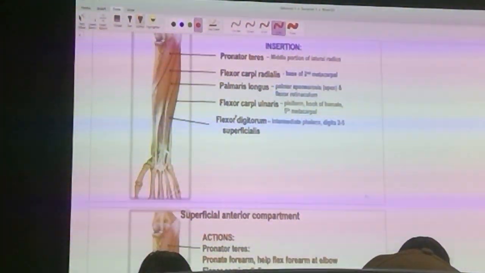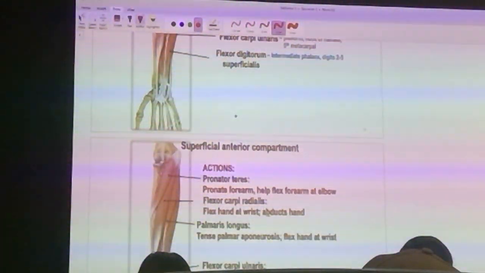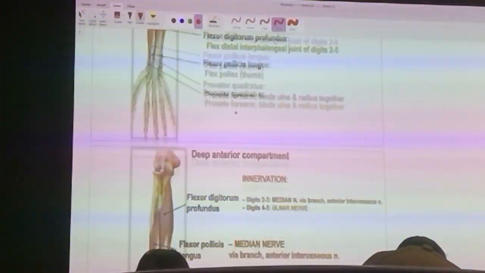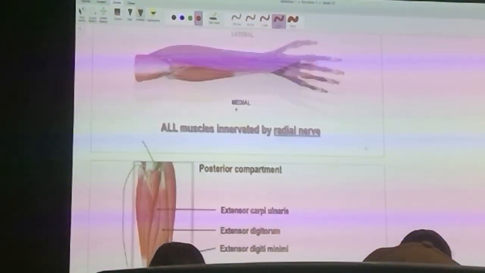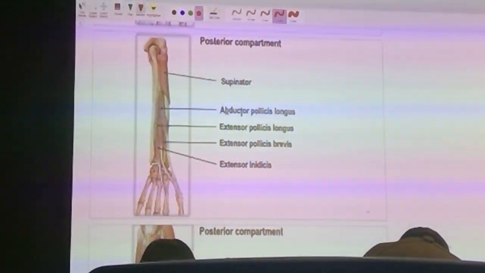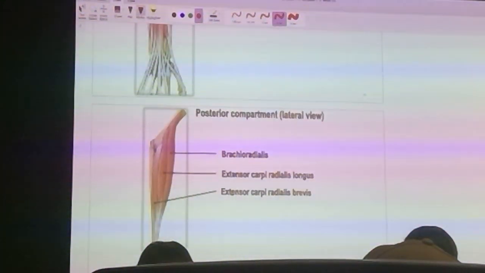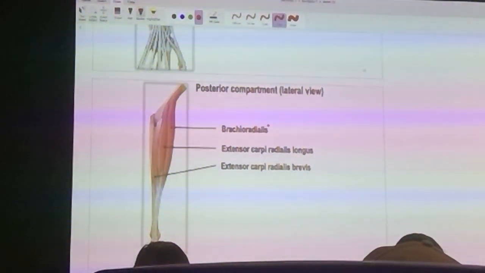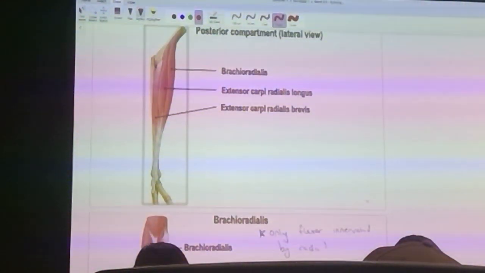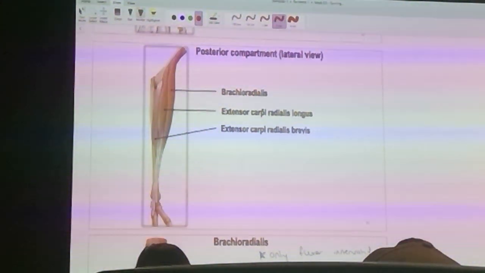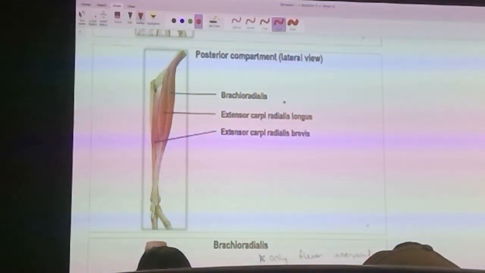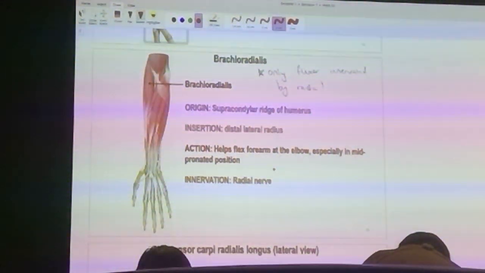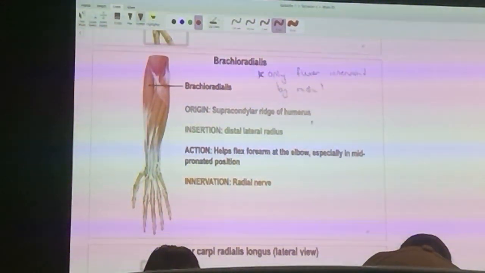The most powerful supinator is your biceps brachii. And brachioradialis is the only flexor muscle innervated by the radial nerve.